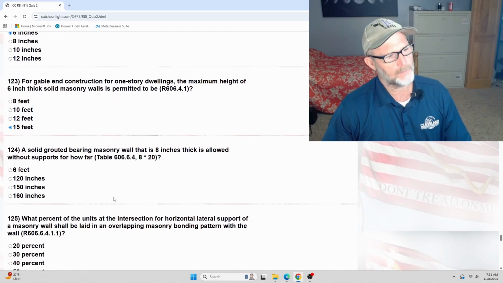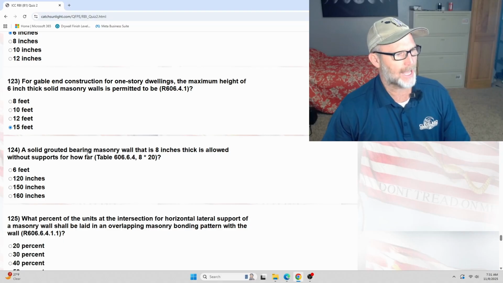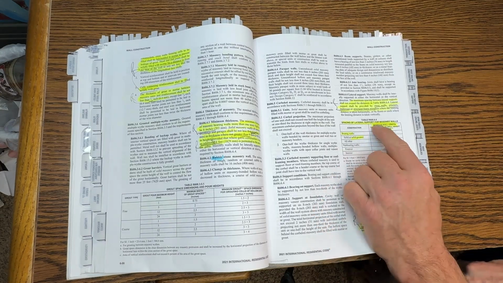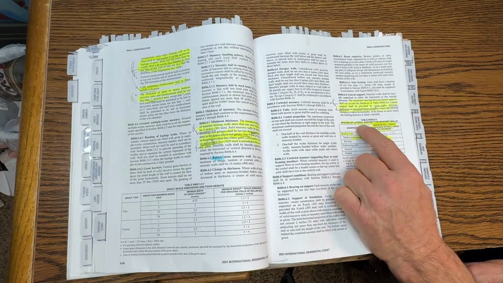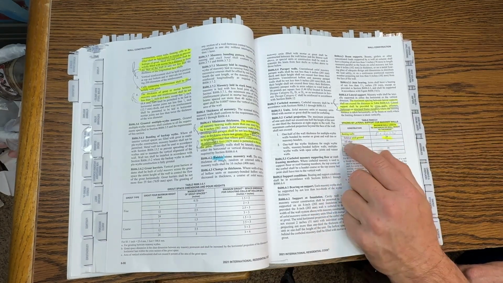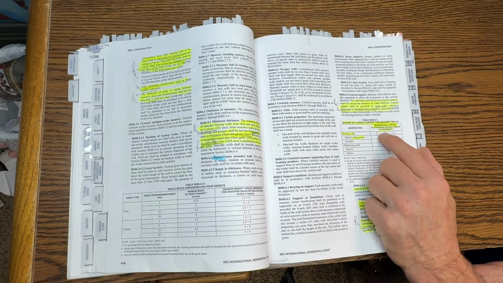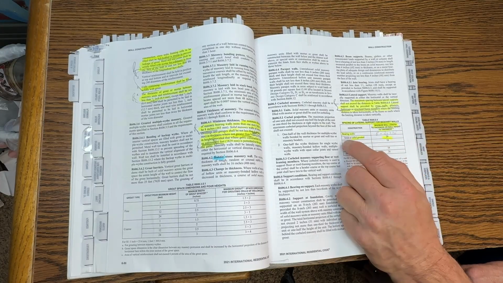All right, 124. A solid grouted bearing masonry wall that is 8 inches thick is allowed without supports for how far? Table 606.6.4. I'll go ahead and read that. Table 606.6.4 right here, spacing of lateral support for masonry walls. So the maximum wall length to thickness or wall height to thickness ratio is what this comes down to.